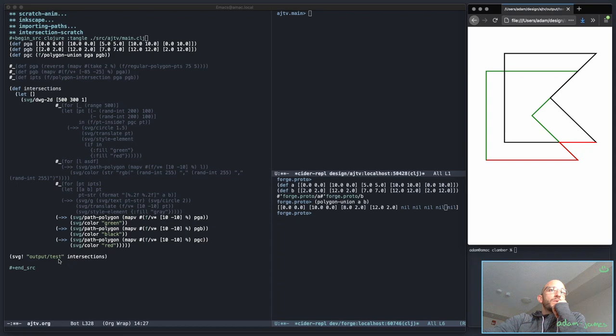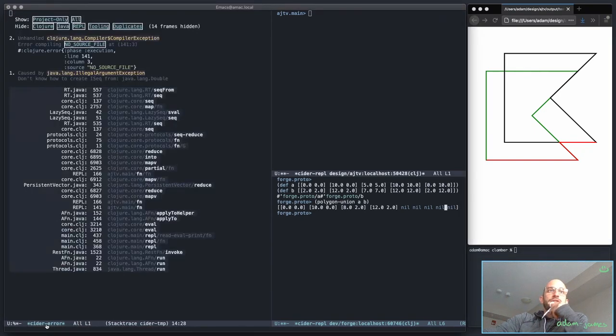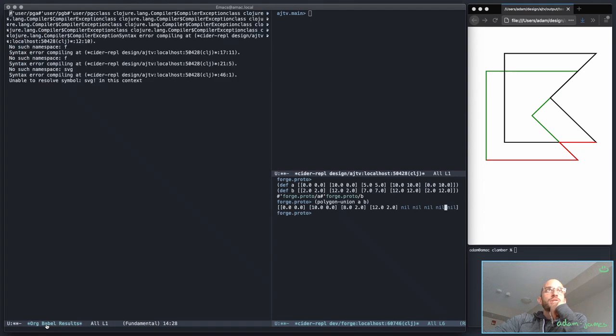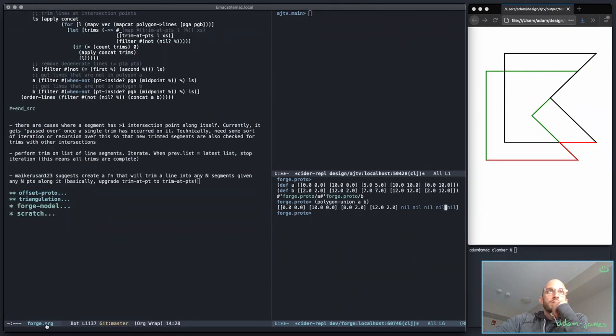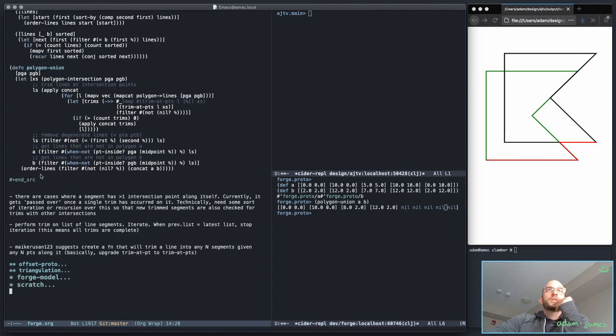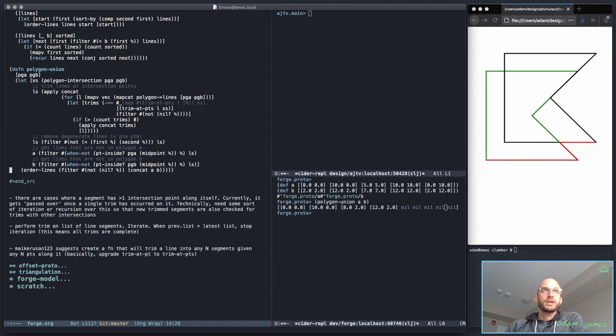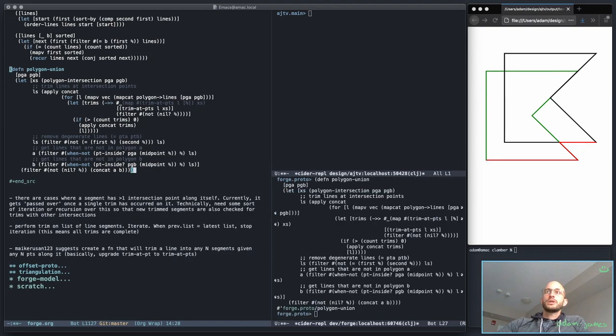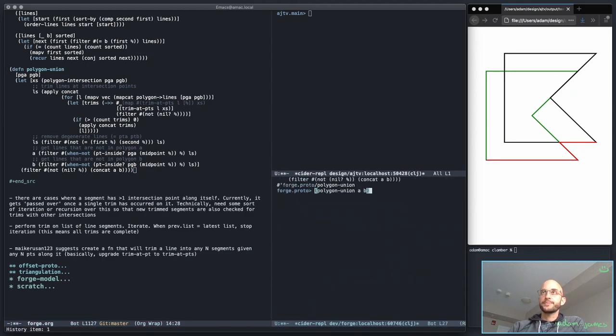The way I'm going to try to figure this out is the same way I was doing it yesterday. I'm just going to hop over to here and have a look at these one layer at a time. So if I get rid of order lines here and run polygon union without that, this is a list of line segments that are produced, and I can have a look at what's going wrong.